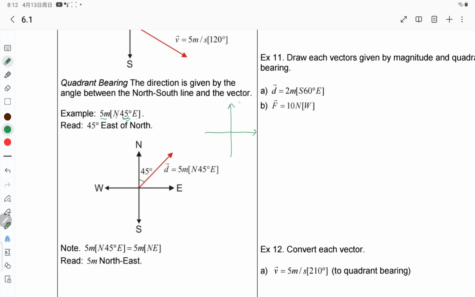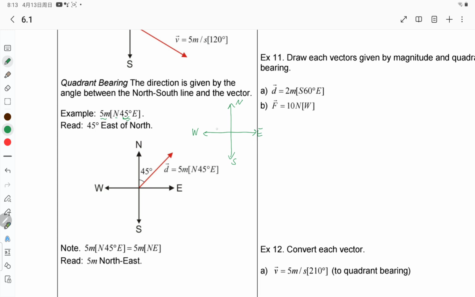Instead of xy, you partition the space into 4 directions. So up is always north and down is south. If you learn geography, the west is left, east is on the right. So hope you're okay with this.